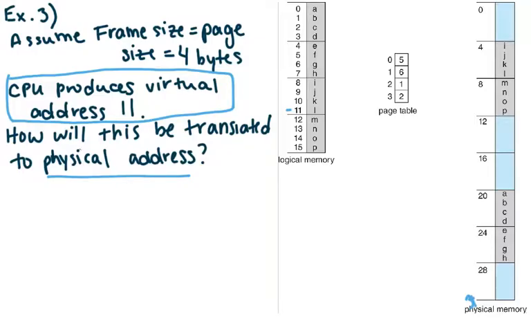Again, just from before, we see that the entry 11 is in the second page, so we're going to index into the second page of our page table. So here, we'll write some things down. Our page number is equal to 2.